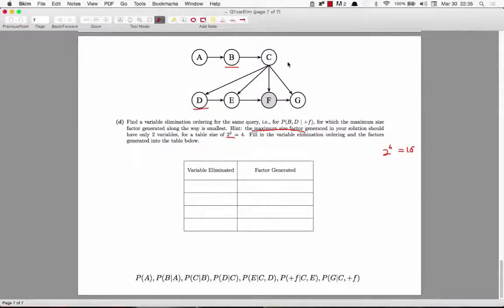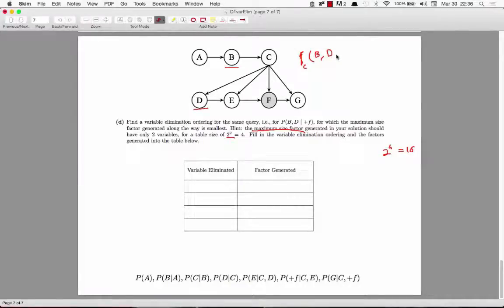Whenever we eliminate c, let's say the factor that we generate when eliminating c is, say, fc. The factor that we get by eliminating c will have all the variables that are connected to c that have not yet been eliminated. So this factor will definitely have b, and definitely have d, because we are not going to eliminate these over the course of the algorithm since they are in the query.